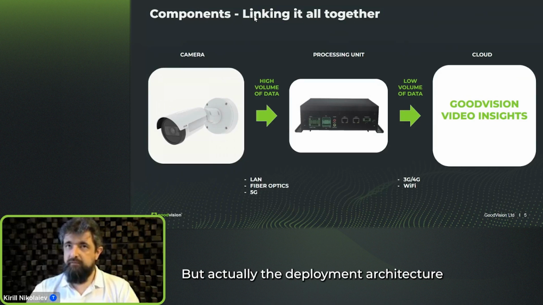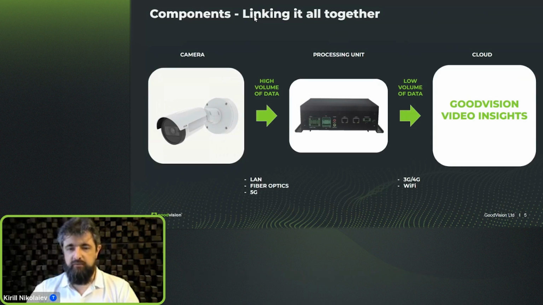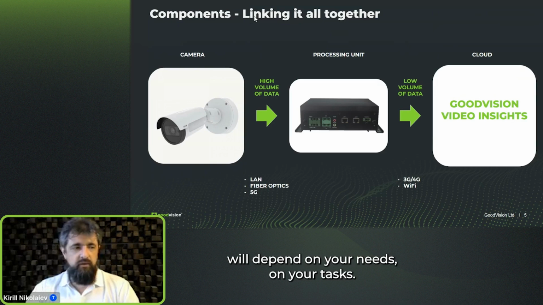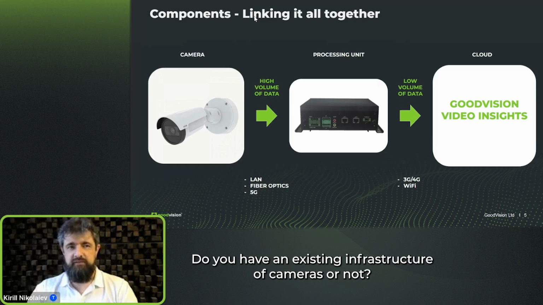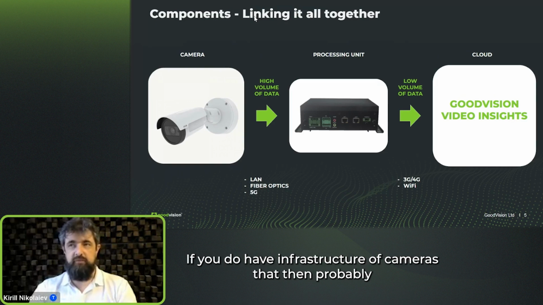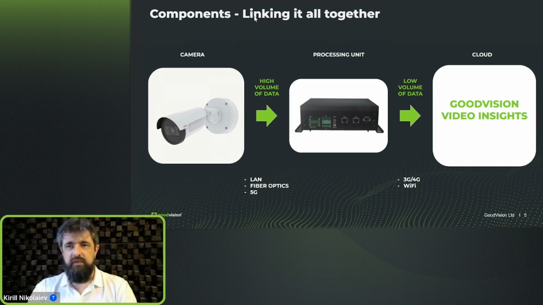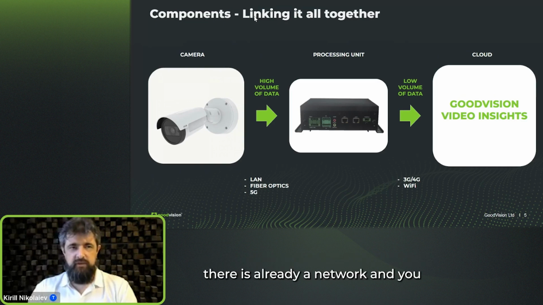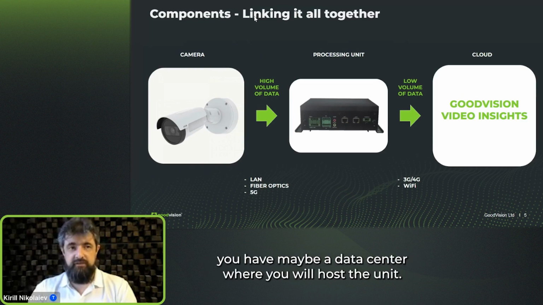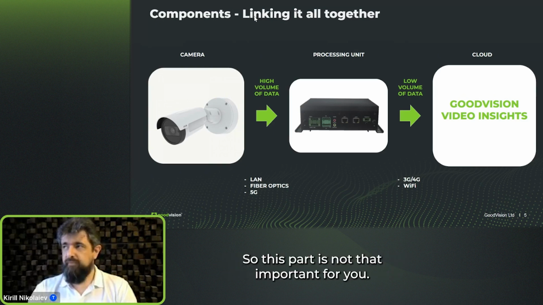But actually, the deployment architecture will depend on your needs, on your tasks. Do you have an existing infrastructure of cameras or not? If you do, then probably there is already a network, and maybe you have a data center where you will host the unit. So this part is not that important for you.